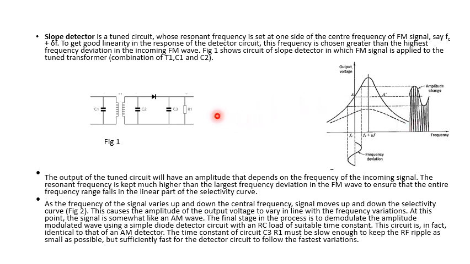In the RC circuit, when some output voltage is applied at this point, the capacitor charges up to the peak voltage. And during the portion when the voltage falls to zero, the capacitor discharges across the resistance.